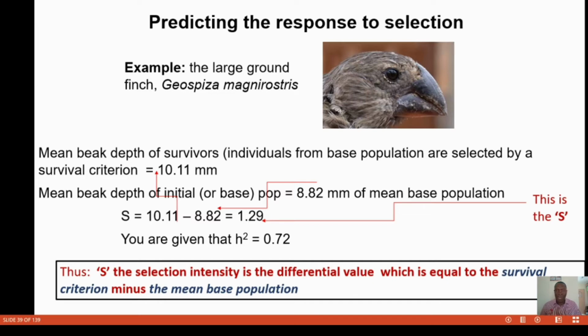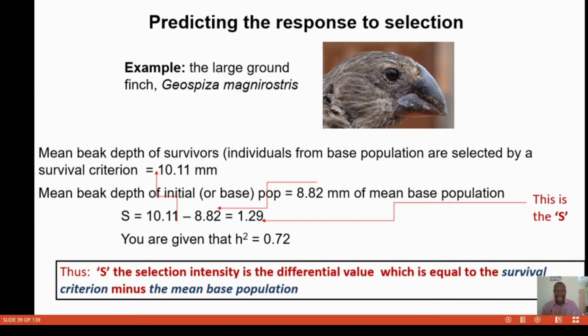And then, of course, we have the mean peak depth of the initial or the base population, which was just measured, the general initial population, the base, which was 8.82 of the mean base population.